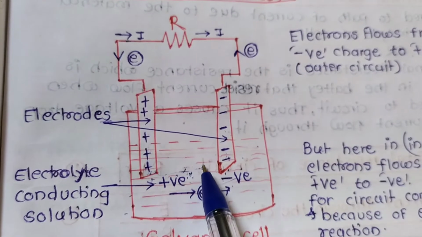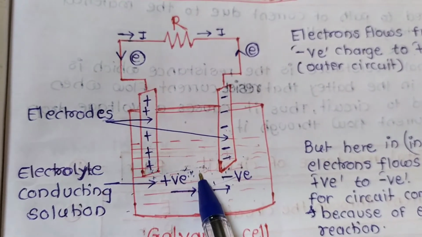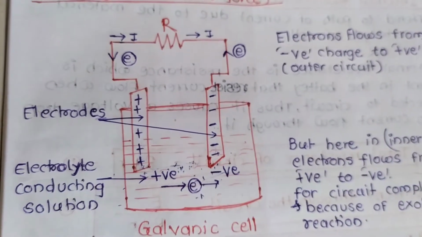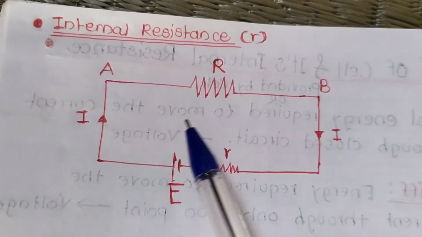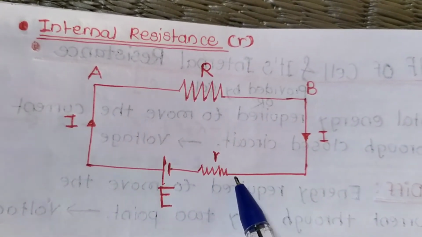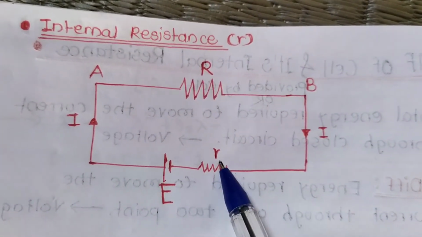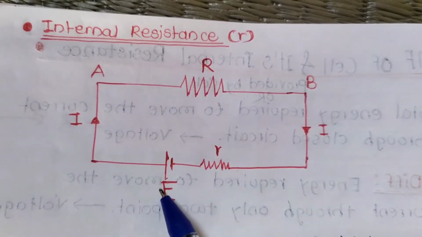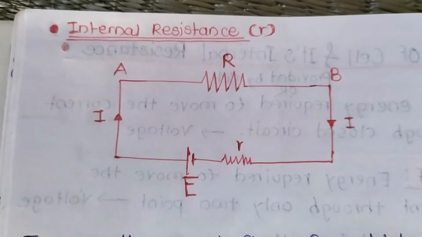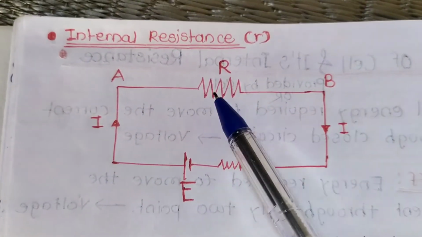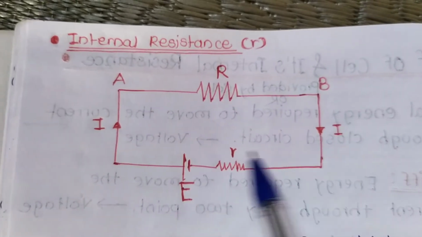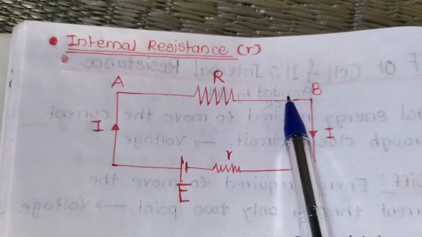This resistance is called internal resistance and is denoted by small r. In the diagram, we denote the internal resistance r, the EMF, and the outer resistance R. Current is flowing, resistance across AB.